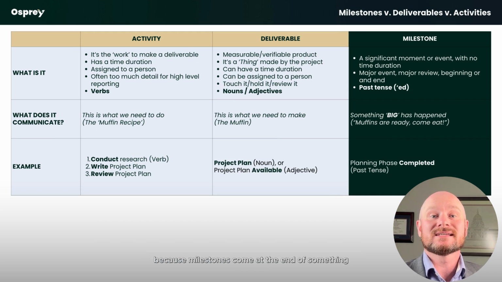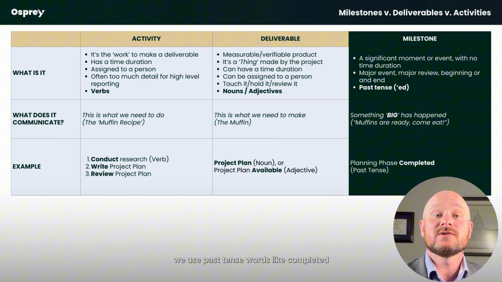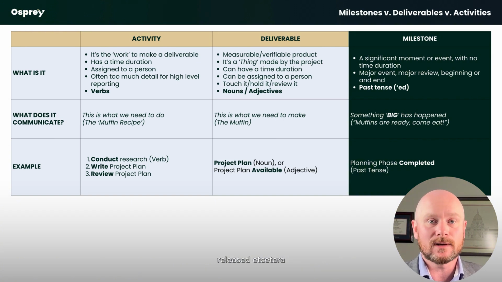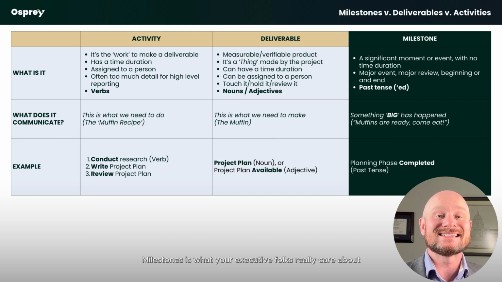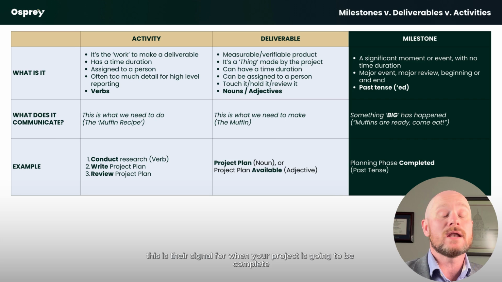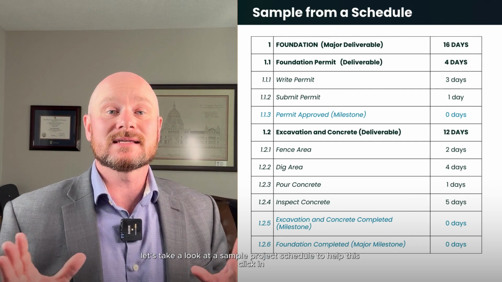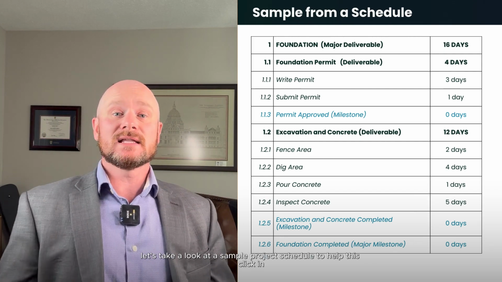Because milestones come at the end of something, we use past tense words like completed, released, etc. Milestones is what your executive folks really care about. This is their signal for when your project is going to be complete or when all the major deliverables are done.